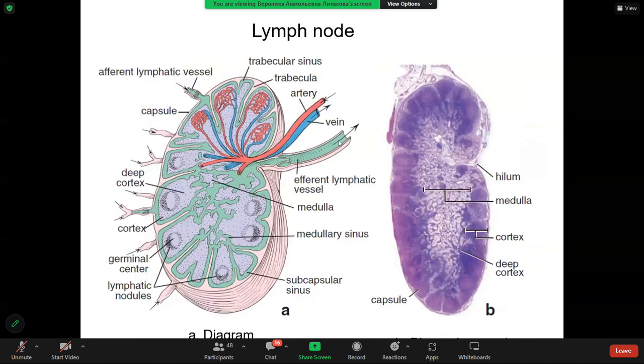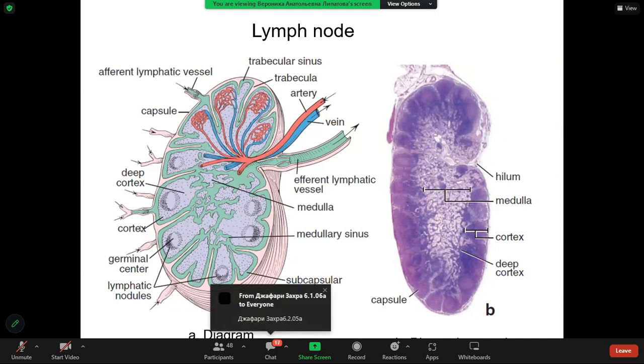Here we can see the same. You see this view of lymphatic ways from the afferent lymphatic vessel along the subcapsular, along the cortical lymphatic sinus, along the intermediate medullary sinus, to the central sinus, and to the efferent lymphatic vessel.